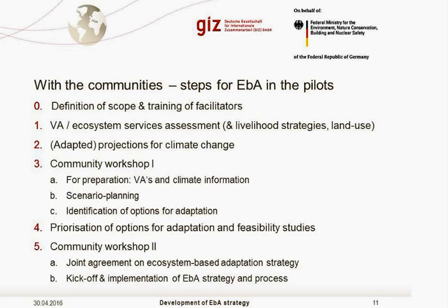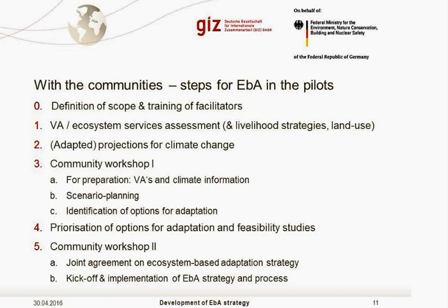So yes, of course, definition of scope in the beginning. What we also found really important, it is not a step in itself because it is ongoing, is the training of facilitators for this field work.